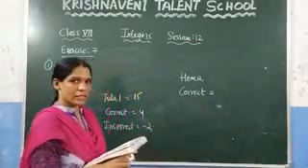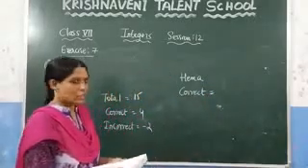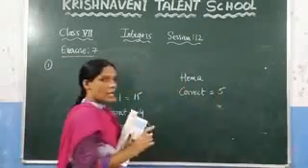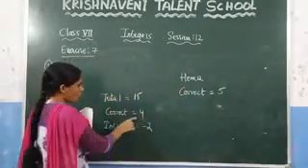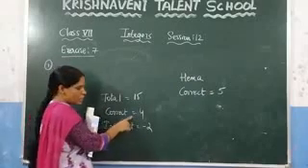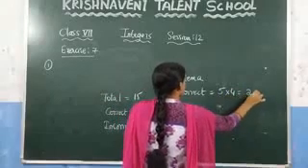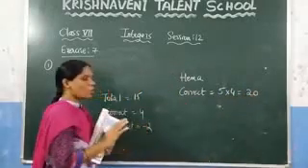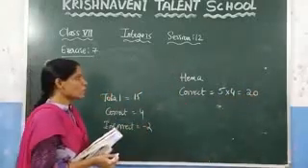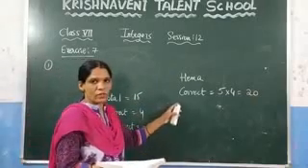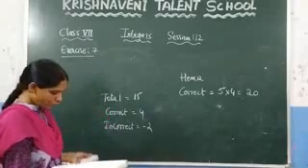Only 5 questions, and they said that all questions are correct. So how many correct answers has she written? 5 correct answers. And you know that for each correct answer, how many marks? They take 4 marks. For 5 correct answers, she gets 5 into 4, which is 20 marks. Since she has written only correct answers, there is no reduction of marks. So the total score will be 20 marks.